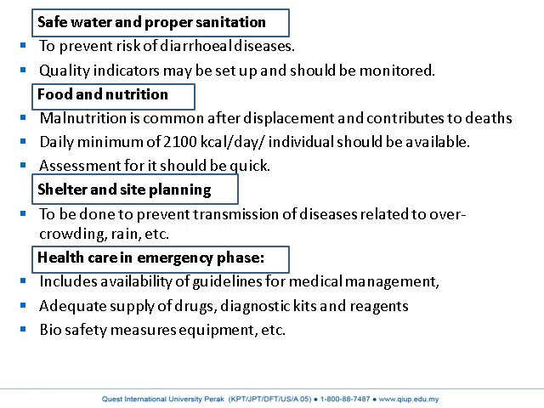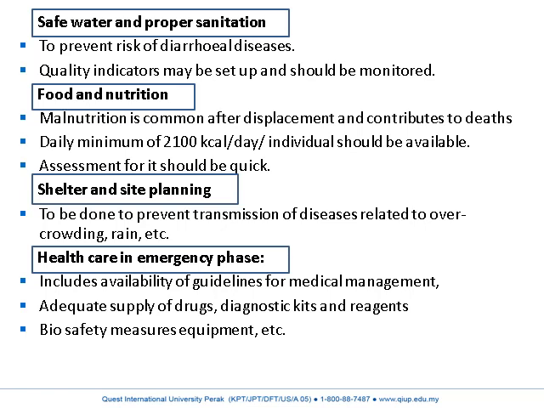Then food and nutrition. Malnutrition is common after displacement and it can contribute to mortality also. So a daily minimum of 2100 kilocalories per individual should be made available during disaster time.